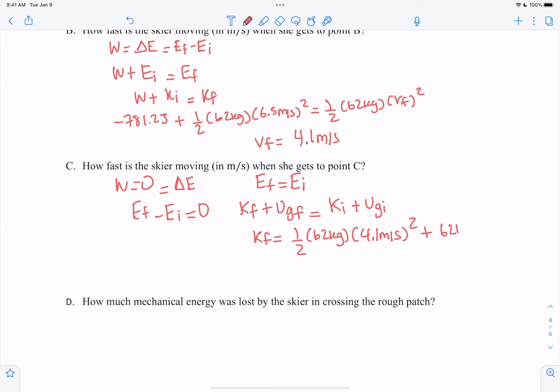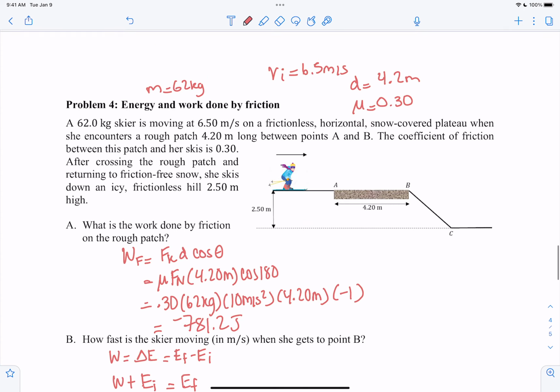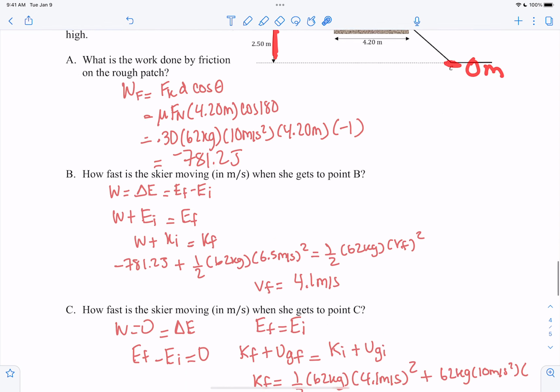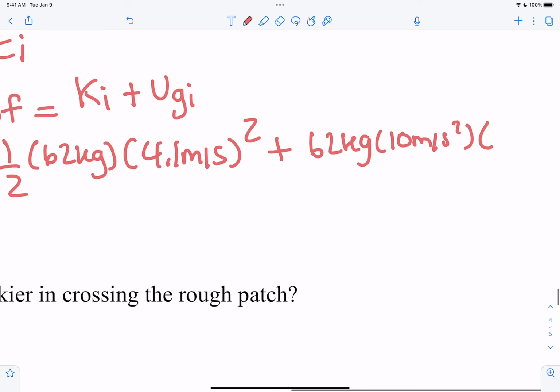We had 62 kilograms times the acceleration due to gravity, and then times a height of 2.5 meters relative to this arbitrary 0 point.